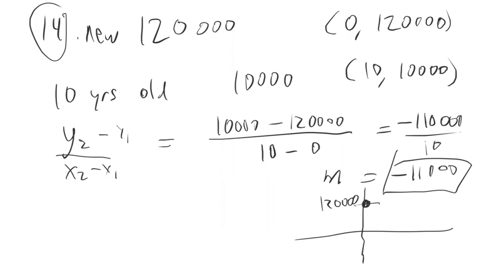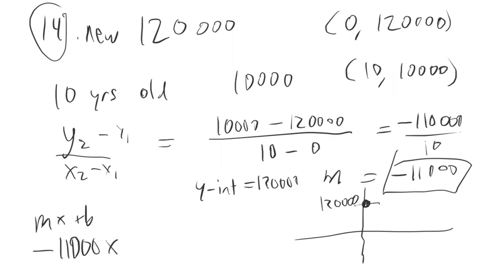So the y-intercept is equal to $120,000. And we know the formula for the line is mx plus b. So we put m first, negative 11,000 times x plus b. B is $120,000.